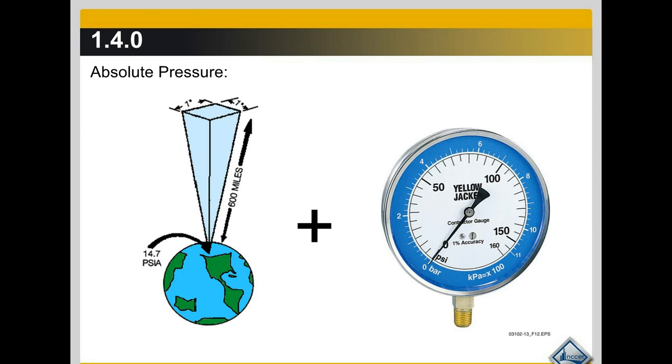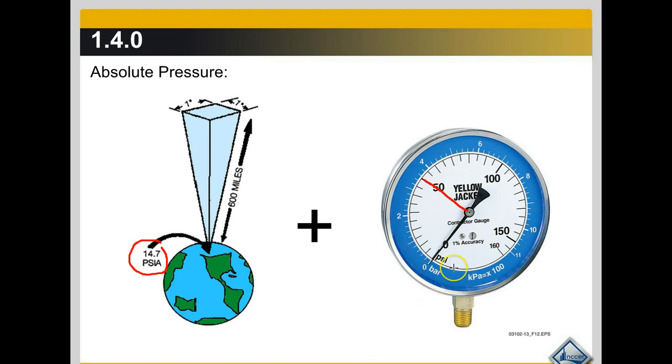So for example, if this gauge were reading 50, the absolute pressure would be 14.7 plus 50, which would be 64.7 pounds per square inch absolute. All right, so you need to remember that.